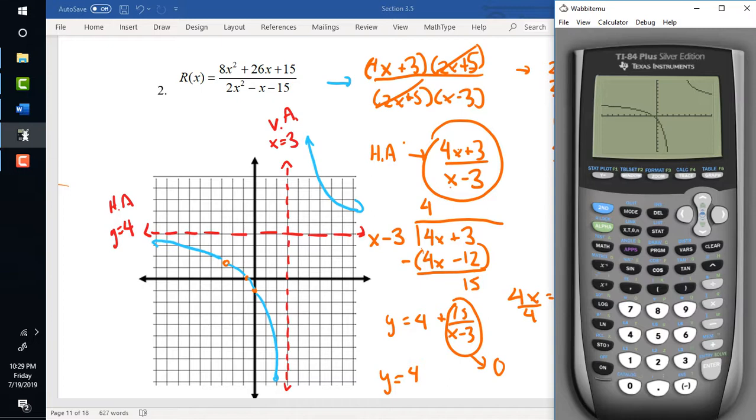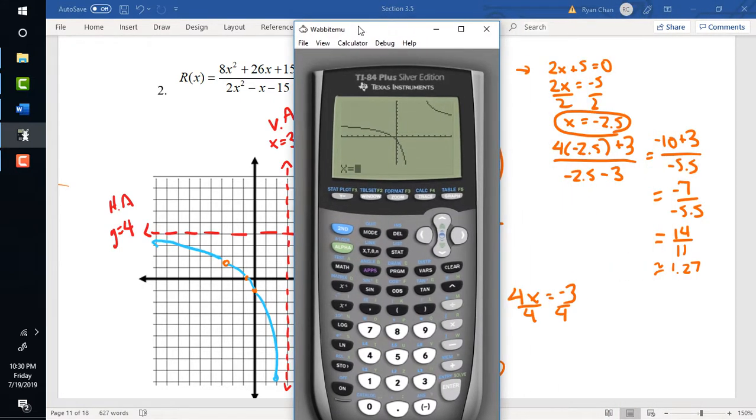Now, one thing I do want you guys to take notice of here is that there is no hole. Your calculator is not sophisticated enough to graph a hole. So if you notice, there is no gap in your graph, okay? So how do you check? Just use your table, or you can use the value, right? You can use second trace, and then you ask, what happens when x is equal to negative 2.5?